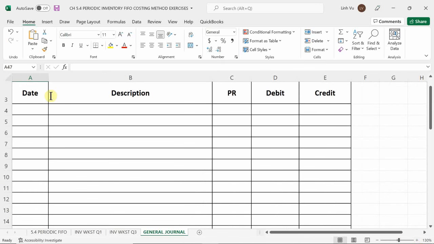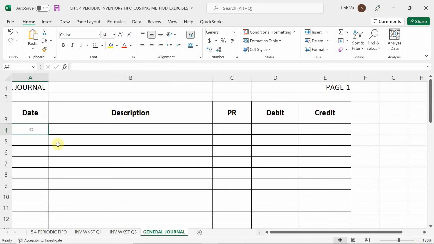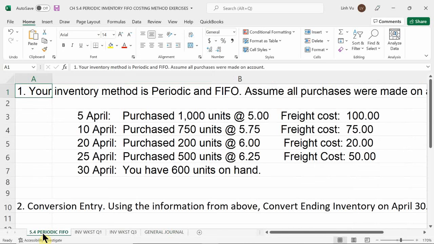So in this case, we have April 5th. We purchased 1,000 units at $5 each with a freight of $100. In quantity, we will put 1,000. I asked you to journalize first, so we're journalizing first.